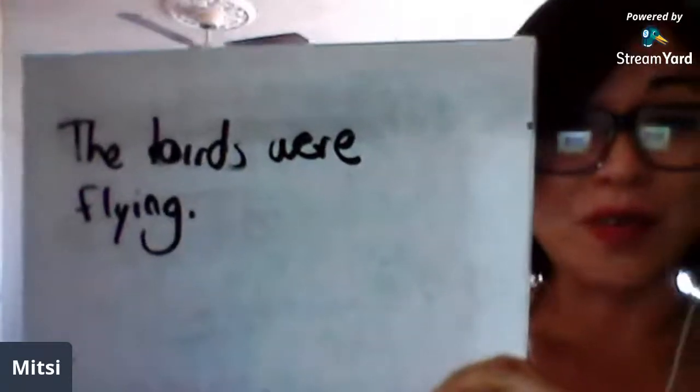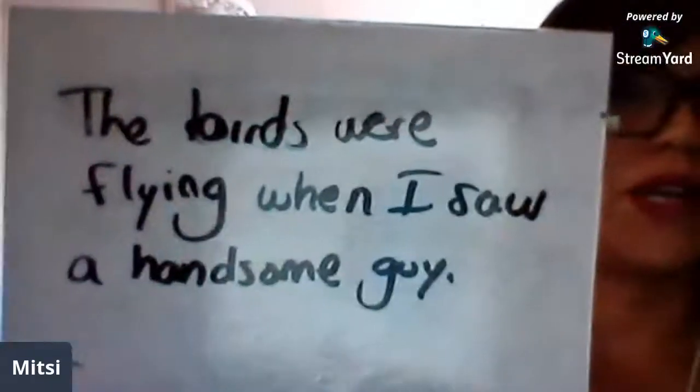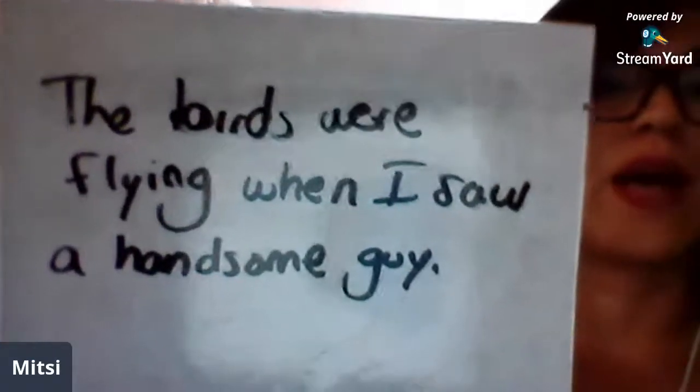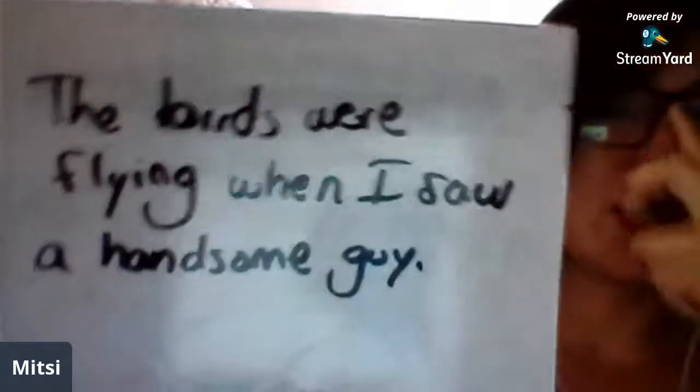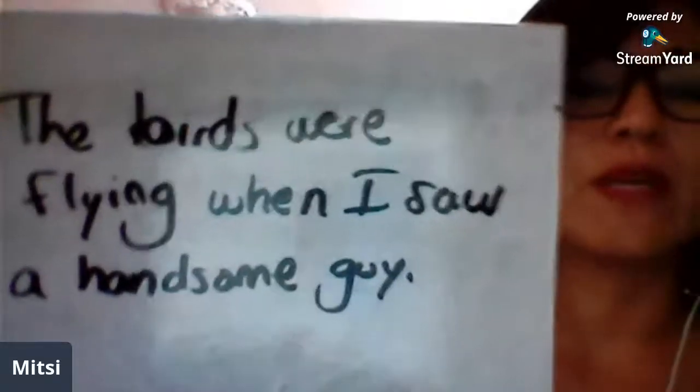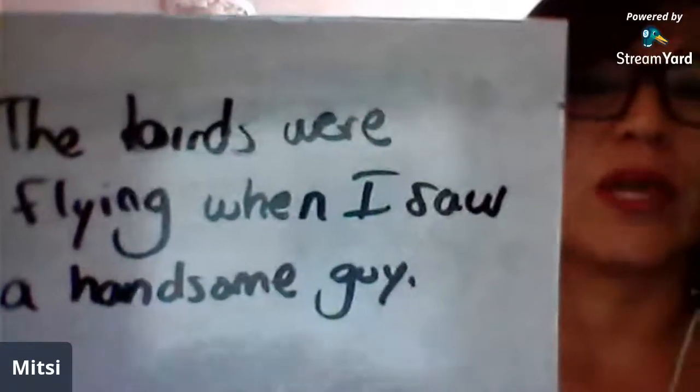So I can give you some details like this. And I can say the birds were flying and the sun was shining when I saw a handsome guy. So here, for example, you can see, the birds were flying when I saw a handsome guy. So here I'm combining the past continuous with the simple past. I'm using the connector when.